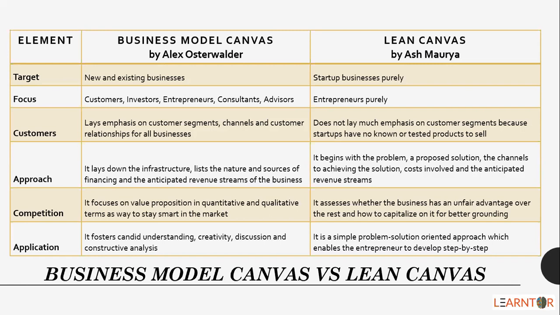With regards to competition, the BMC focuses on value proposition in quantitative and qualitative terms as a way to stay smart in the market. While the lean canvas assesses whether the business has an unfair advantage over the rest and how to capitalize on it for better grounding.